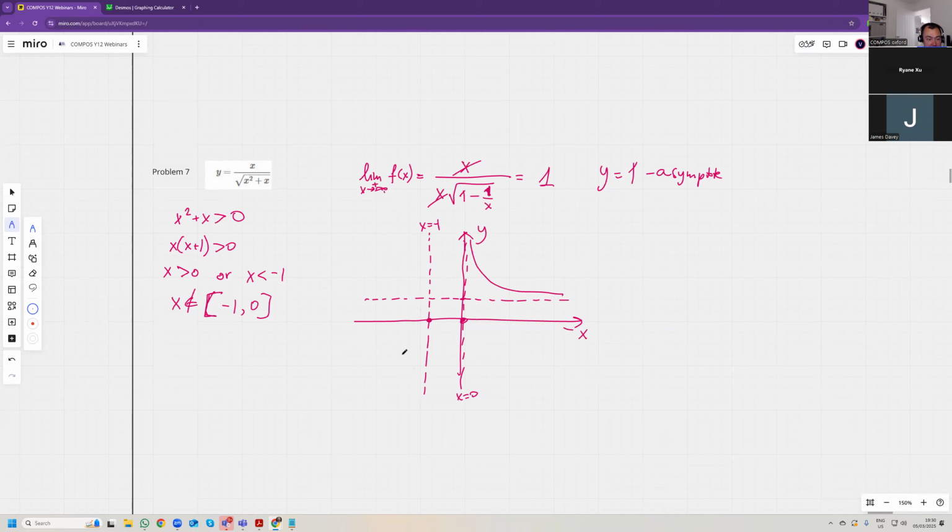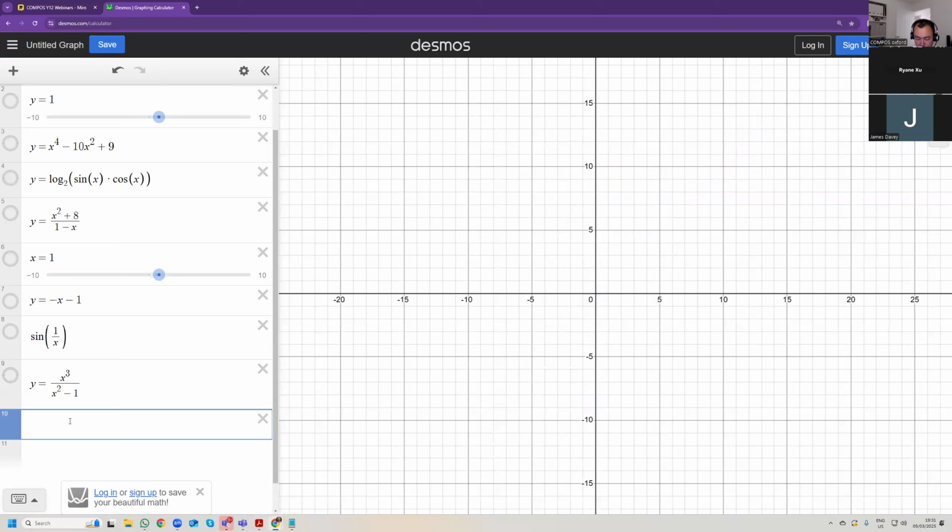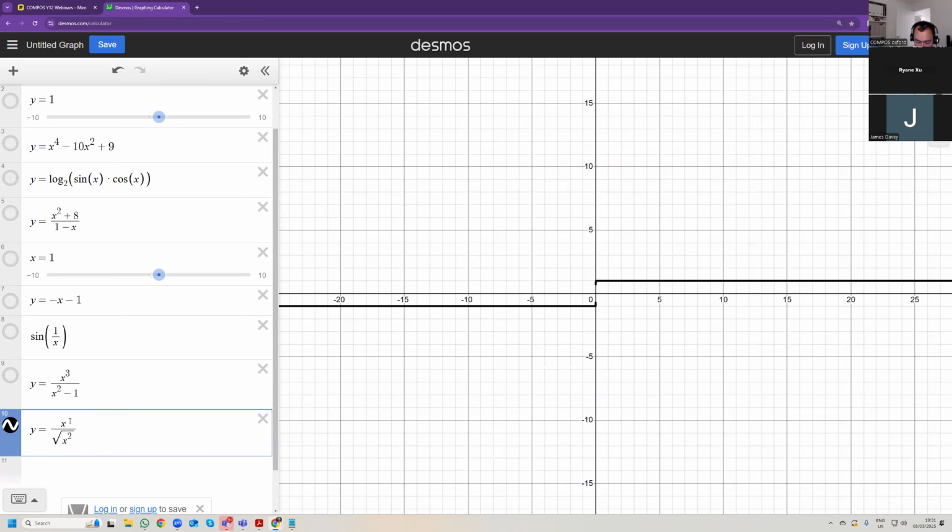Oh, that's the case. When it's plus infinity, it's 1, and the limit as x tends to minus infinity is actually -1. So we have two asymptotes, one on the left and one on the right. So y equals -1. So it should be something like this. I'll just draw it. Sorry, I don't have time to do a thorough analysis, although this is a very interesting one, over the square root of x squared plus x.